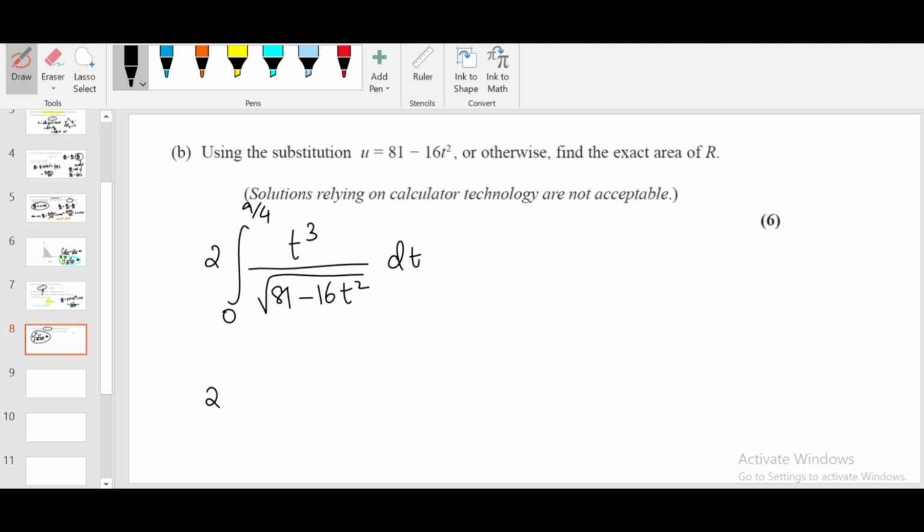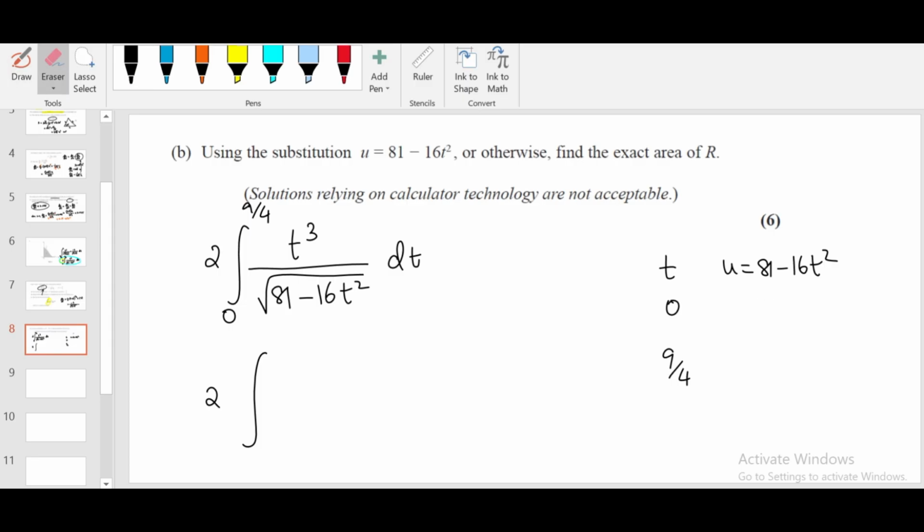So you put 2 integral, first the limits. You draw a little table. The limits of t are 0 and 9/4, and u is 81 minus 16t squared. When you replace t by 0, it's going to be 81.